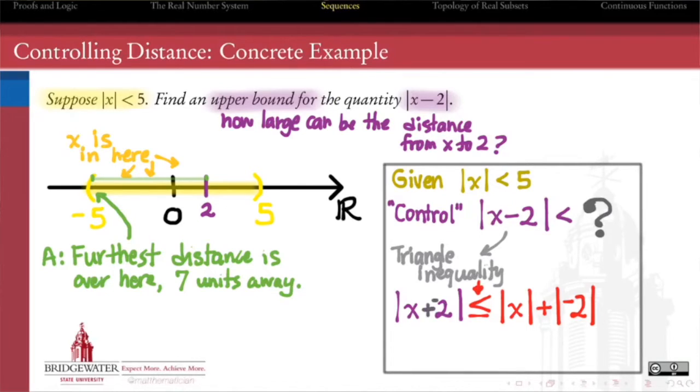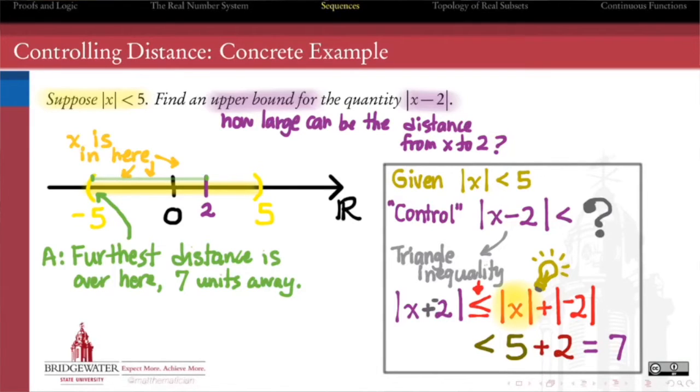But we know something about the absolute value of x. Namely, we know it's less than 5. And therefore, the absolute value of x minus 2 is going to be less than or equal to 5 plus the absolute value of -2, which is equal to 7. So if we read it from the beginning to the end, we see that the distance between x and 2 has to be less than 7.